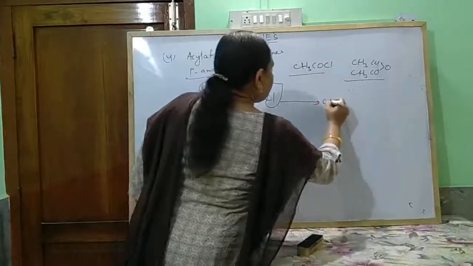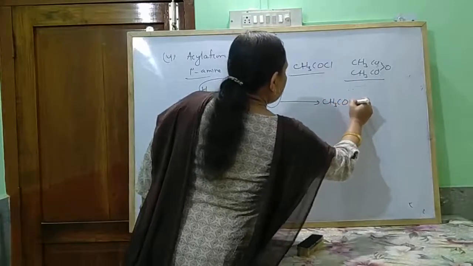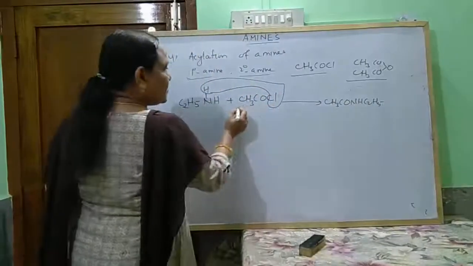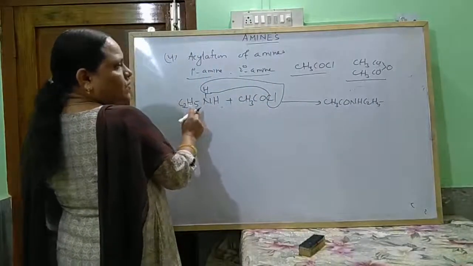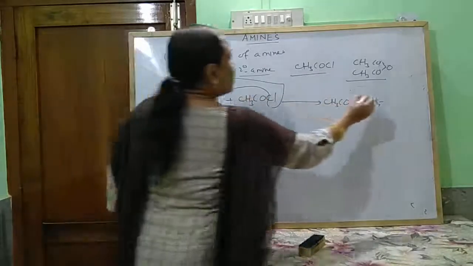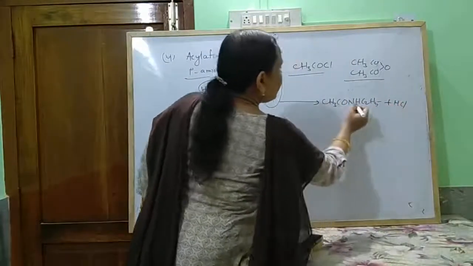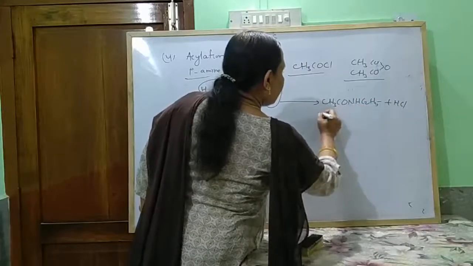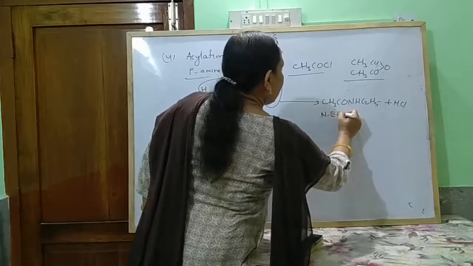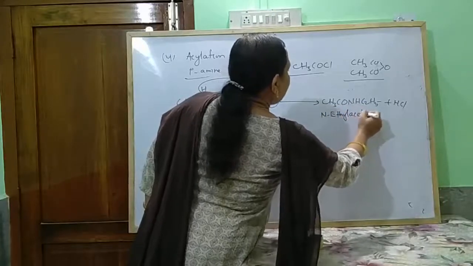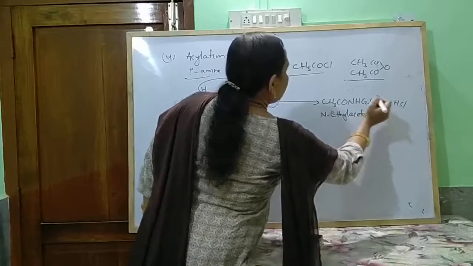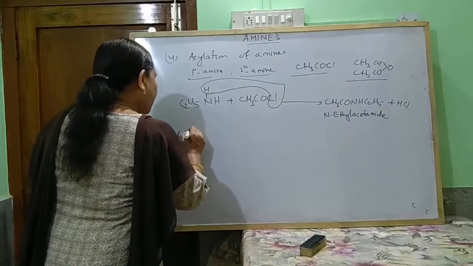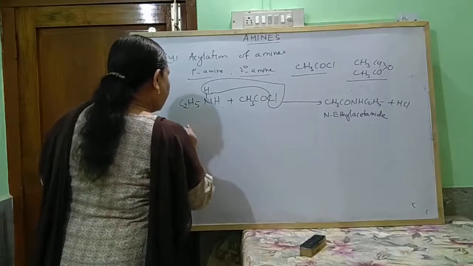So it gives CH3CONHC2H5 plus HCl. CH3CO is the main functional group, with nitrogen and an ethyl group. So the name of this compound is N-ethylacetamide.